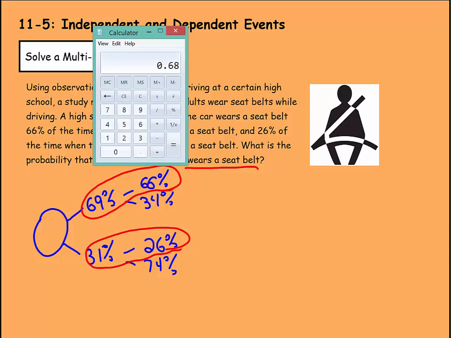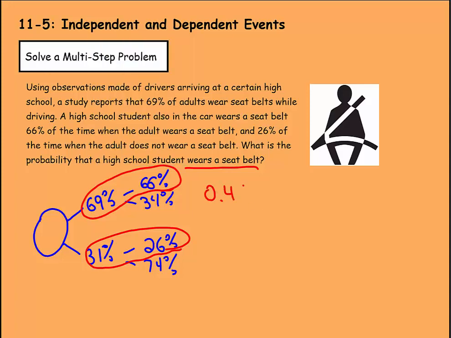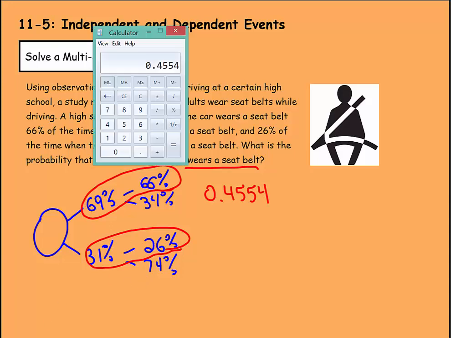So 0.69 times 0.66 is 0.4554. 0.31 times 0.26 is 0.0806.